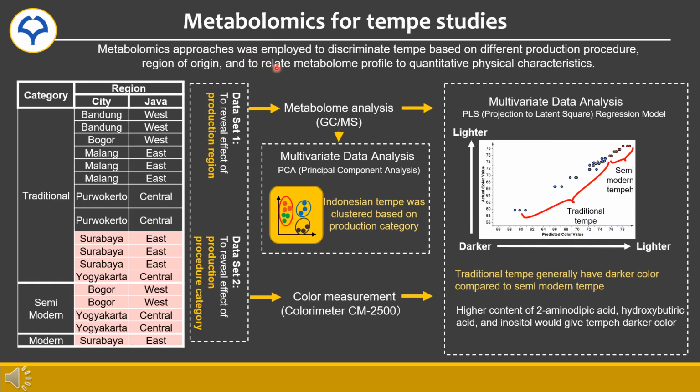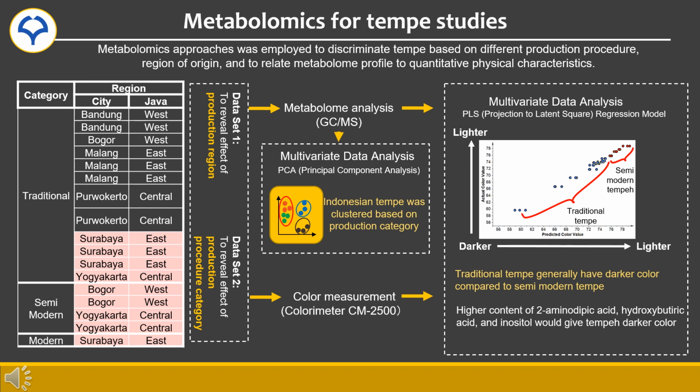Metabolomics is used to investigate the differences in tempeh production methods and regions. For a total of 17 samples made using different production methods in different regions, component analysis was conducted using a gas chromatography mass spectrometer. First, principal component analysis revealed that the samples clustered based on the differences in production methods.